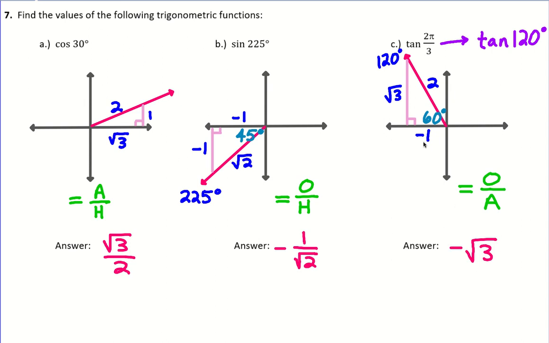Now, again, if you just want to label these all positive, as long as you remember for your final answer that the tangent of something in quadrant 2 needs to be negative, whatever. But the bottom line is your final answer needs to be negative root 3.